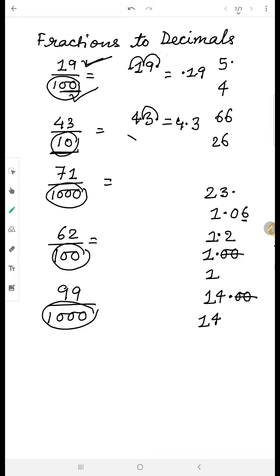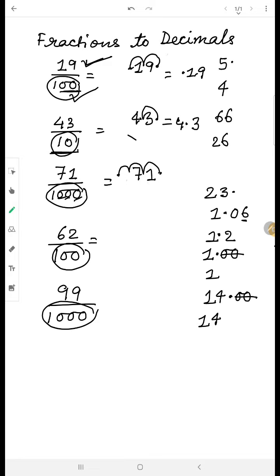Similarly, look at this one. This has got a lot of zeros because it is 1000. So 71 divided by 1000. How many zeros are there? 3 zeros. So 71 at the beginning had its decimal here. How many places is it going to move to the front? 1, 2 and 3. You can also see here that there are only two digits, that is 7 and 1.